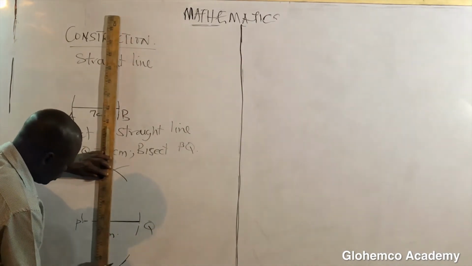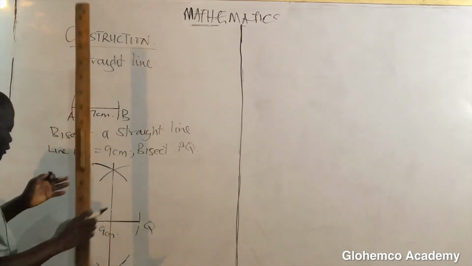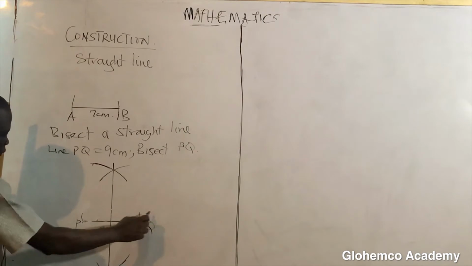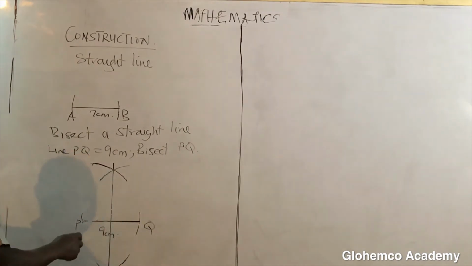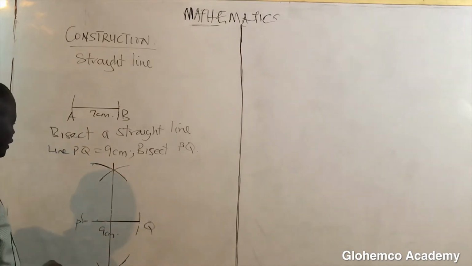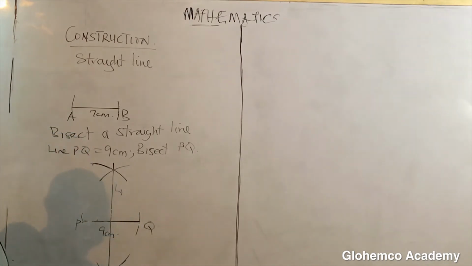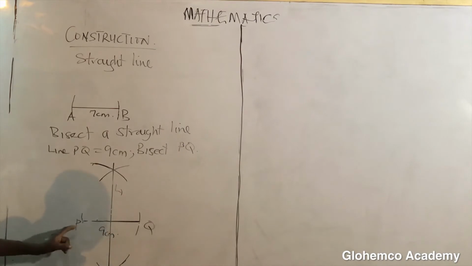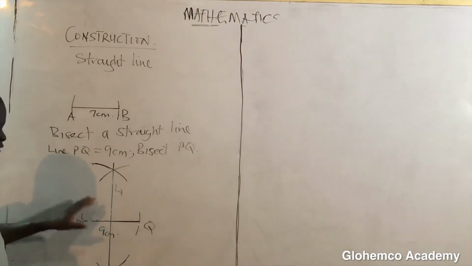Where the two meet, you join together like this. Now, this is our line perpendicular to PQ. The bisection of PQ is now the line we have already created here. Let's call it N1. N1 is our bisector. We have got our N1 through PQ. So this is how to bisect a straight line.